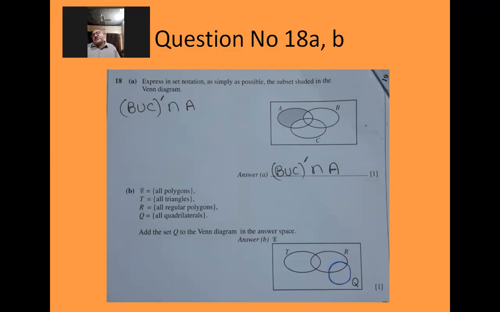And T here is triangles, so quadrilaterals and triangles don't have anything in common. But regular polygons and quadrilaterals have a few portions in common. For example, a square is a regular polygon, so I will draw Q overlapping with R only. So this is question number 18.